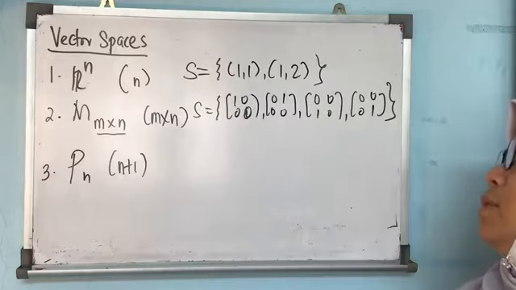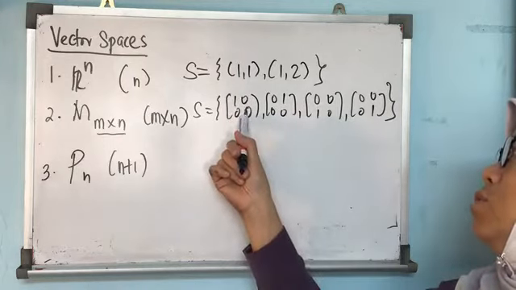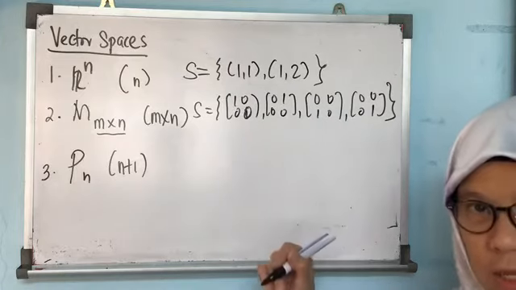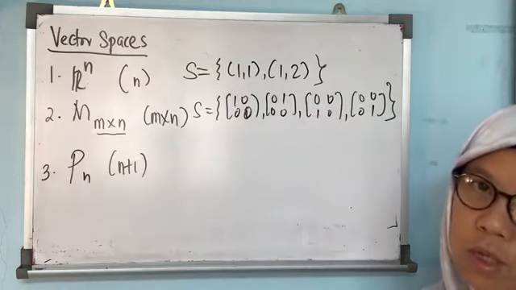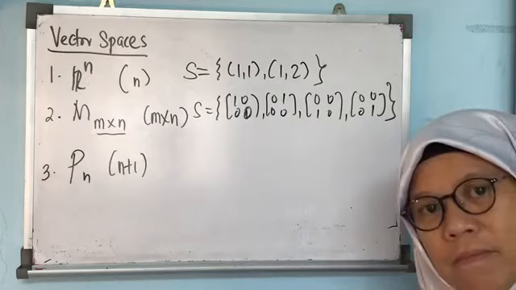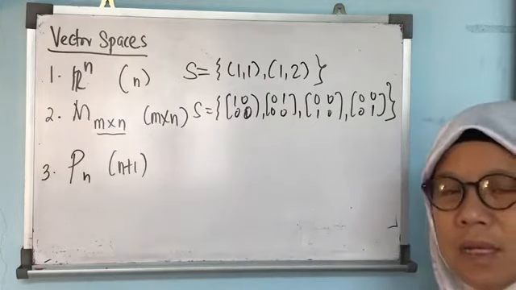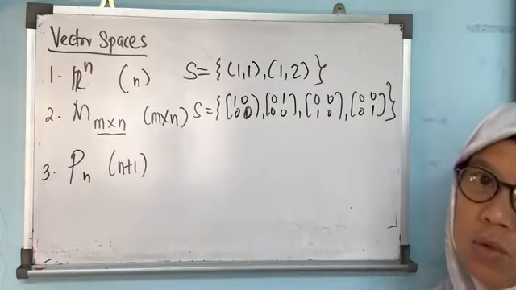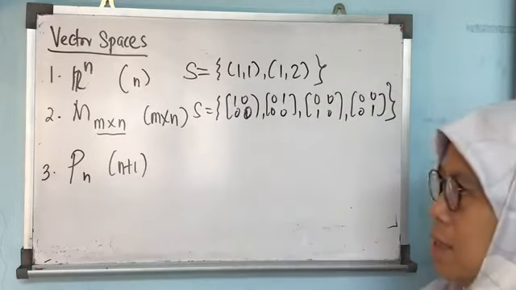This is a 2 by 2 matrix. So I need to have 2 times 2 to be equal. 1, 2, 3, 4 is 2 by 2. If you have a 3 by 2 matrix, you have to have 6 of them. That is how you count the m and the n. So this one, m is 4, n is also 4. That is how you count the n in the theorem.